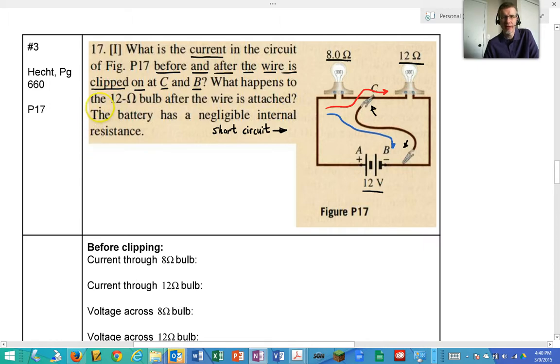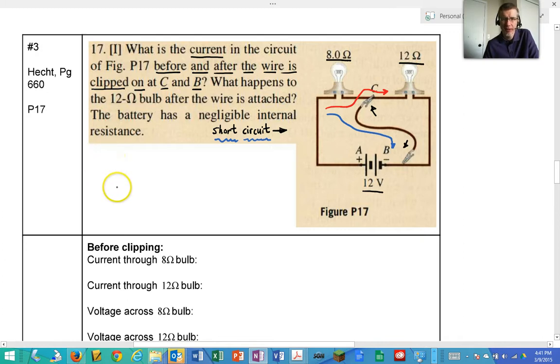Okay, so that is kind of the answer to what I think is going to happen to the 12 ohm bulb when the wire is attached, because a short circuit provides a path for the current that is less resistance. The battery has negligible internal resistance. That's just to say that you can count on 12 volts pure and simple coming from the battery.